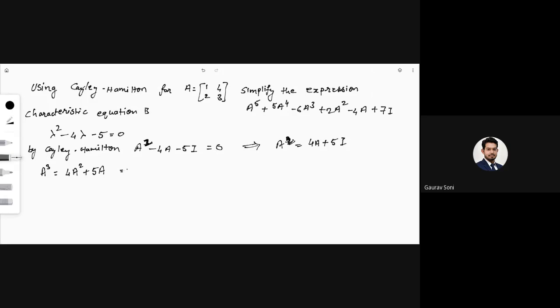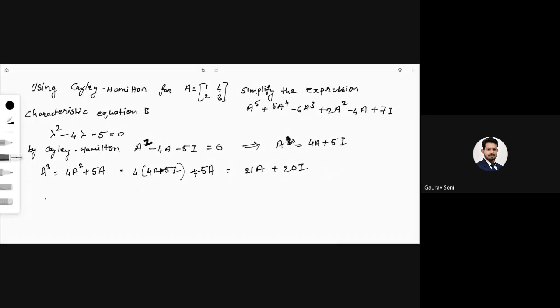But we have the value of a square, and that is simply 4a plus 5i. So that will be 16a plus 5a, which is 21a plus 20i. This is the value of a cube.